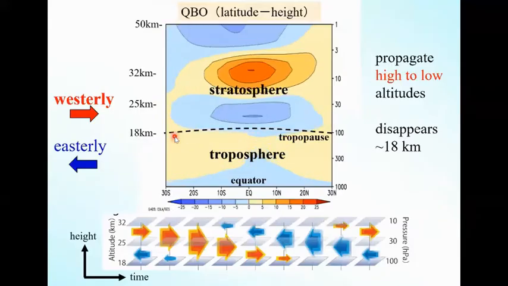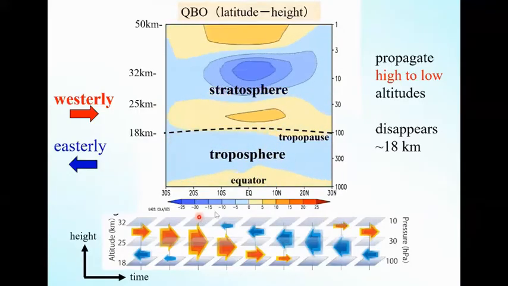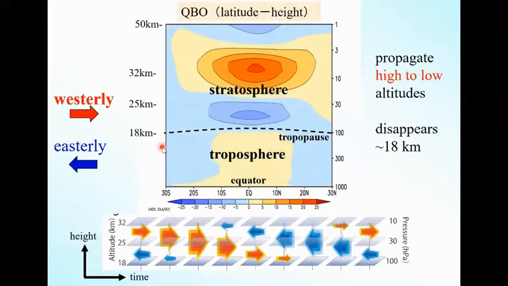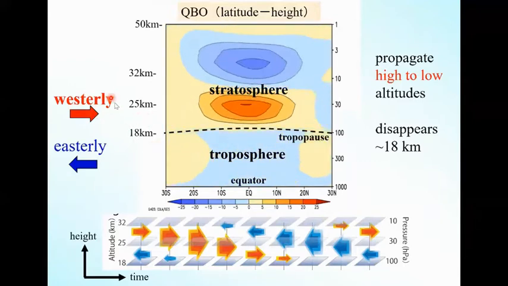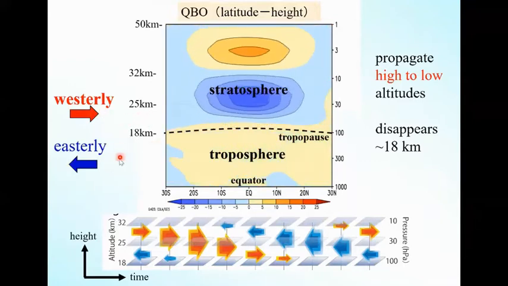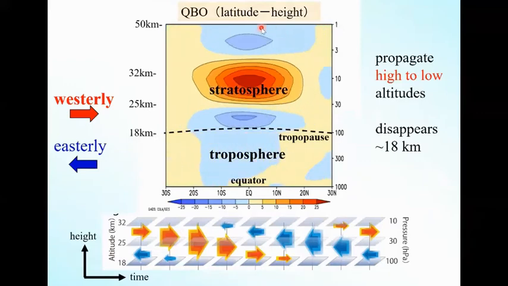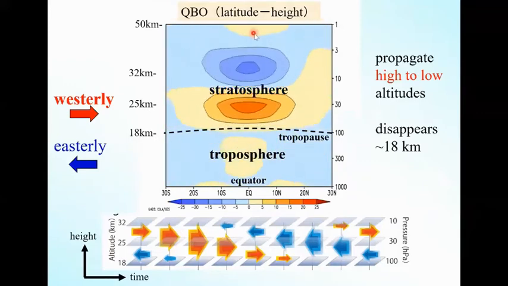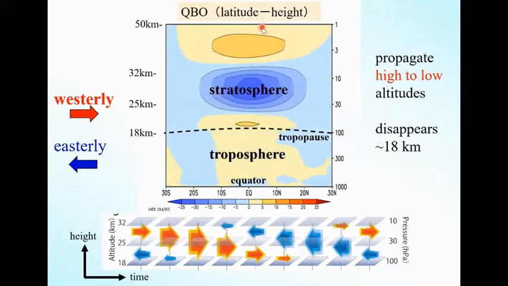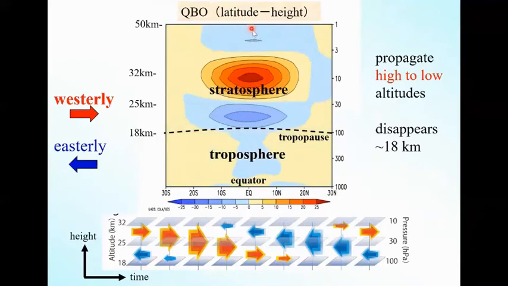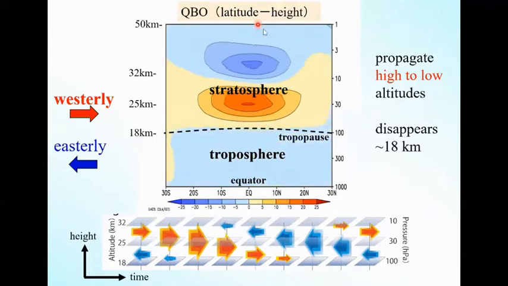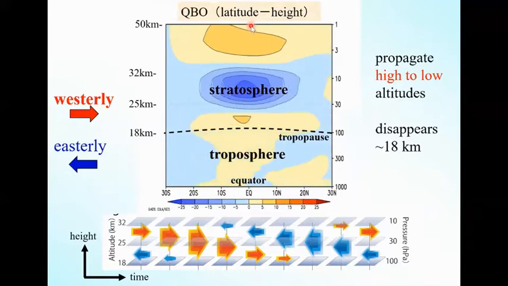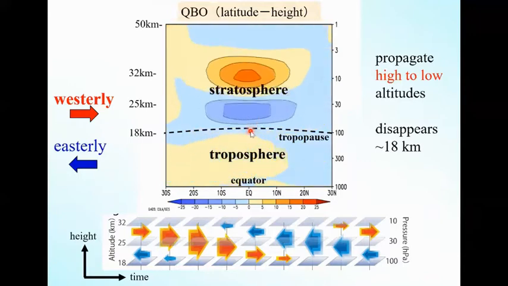If we see the latitude-height cross-section of the zonal wind, again the red is westerly and blue is easterly. You can see that both easterly and westerly are generated in the upper part of the stratosphere around 50 kilometers and propagate downward like this.